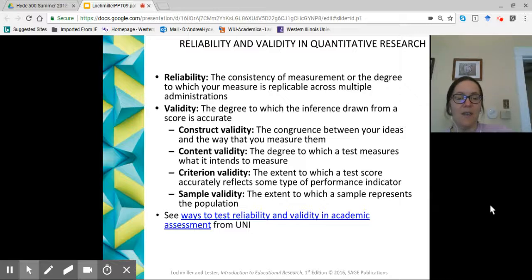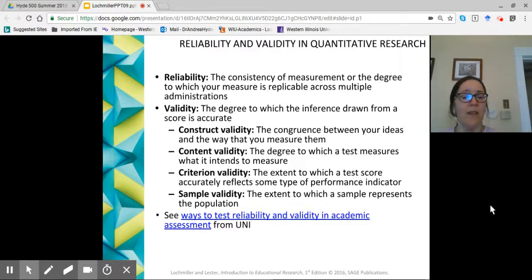So is there a match there between your test score and the ability to read fluently, right? Or is there a match there? Sample validity, the extent to which the sample represents the population. So at any point along there where there is a mismatch, then you're going to have a threat to validity.